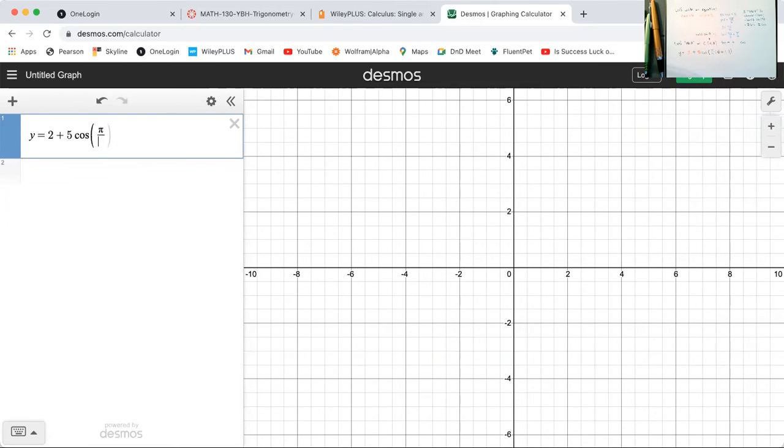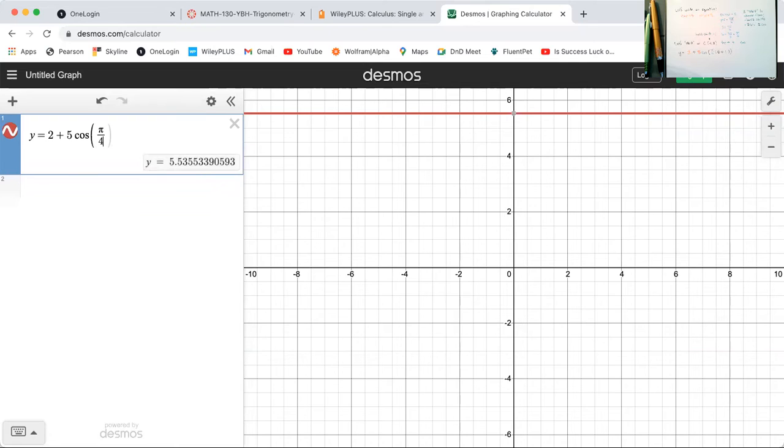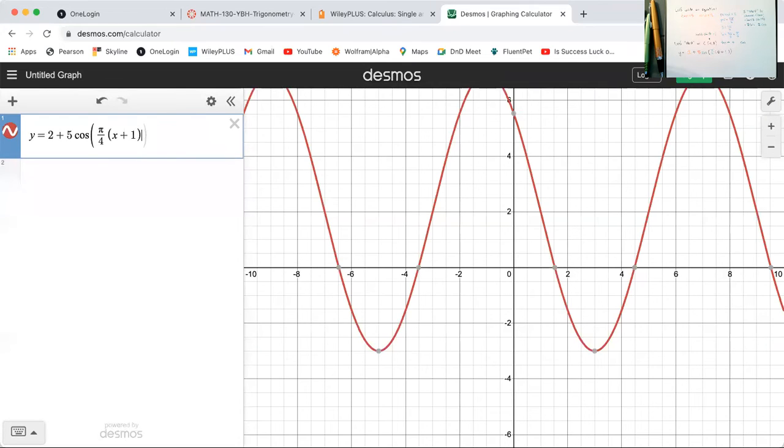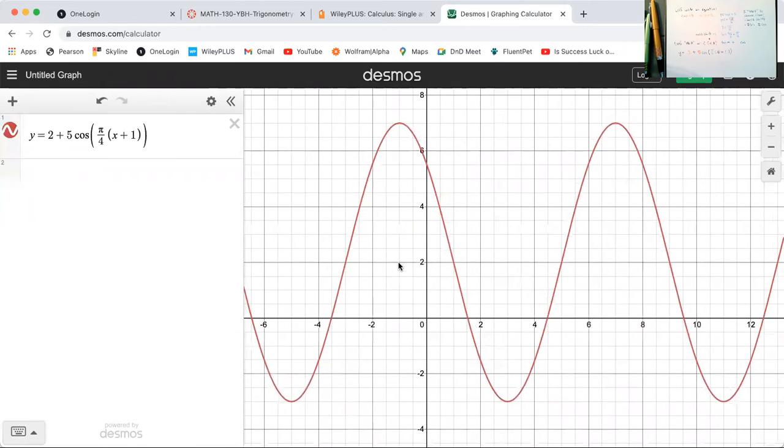You just type pi and then divided by 4. If you keep typing here, it's going to keep putting things in the denominator under the pi. So I need to push the right arrow and put theta plus 1. Close the parentheses inside, close the cosine, and we have the graph that we expected.